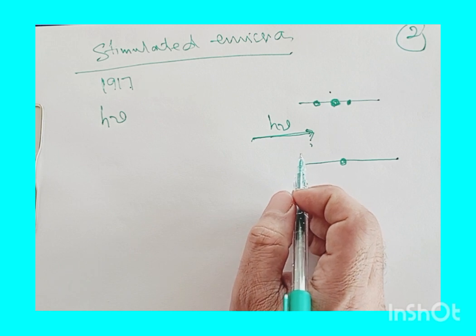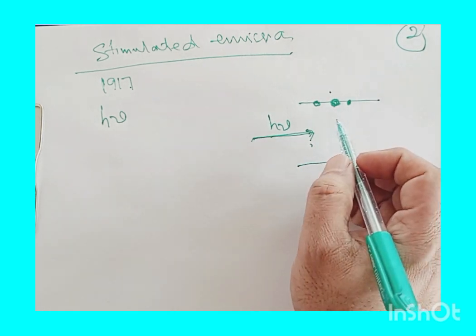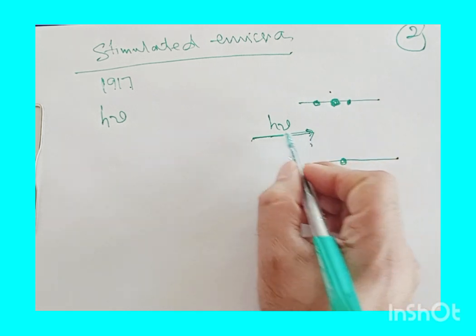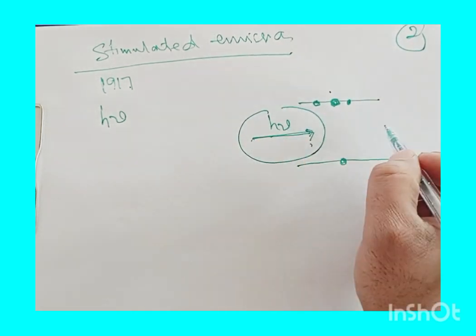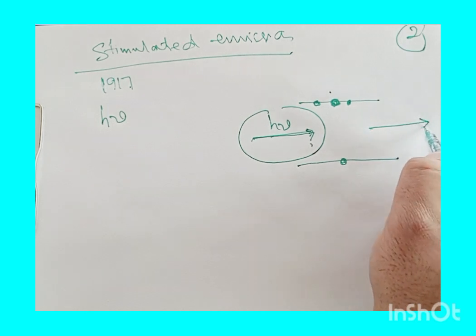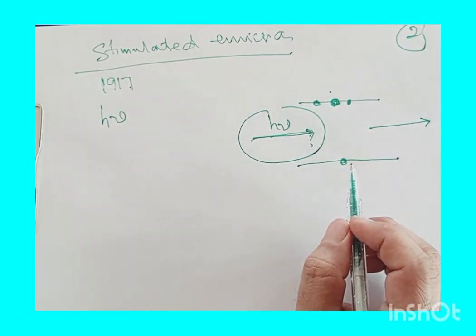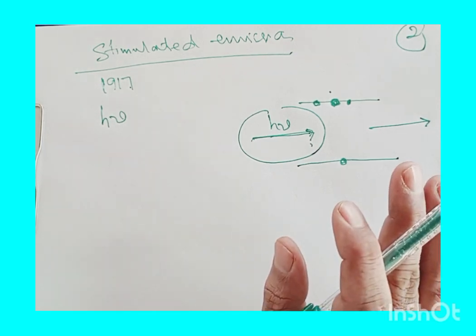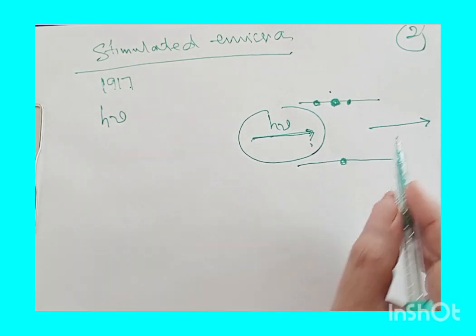And when this event takes place, a photon of the same wavelength as that of the incident photon that we have imposed on this system is emitted.